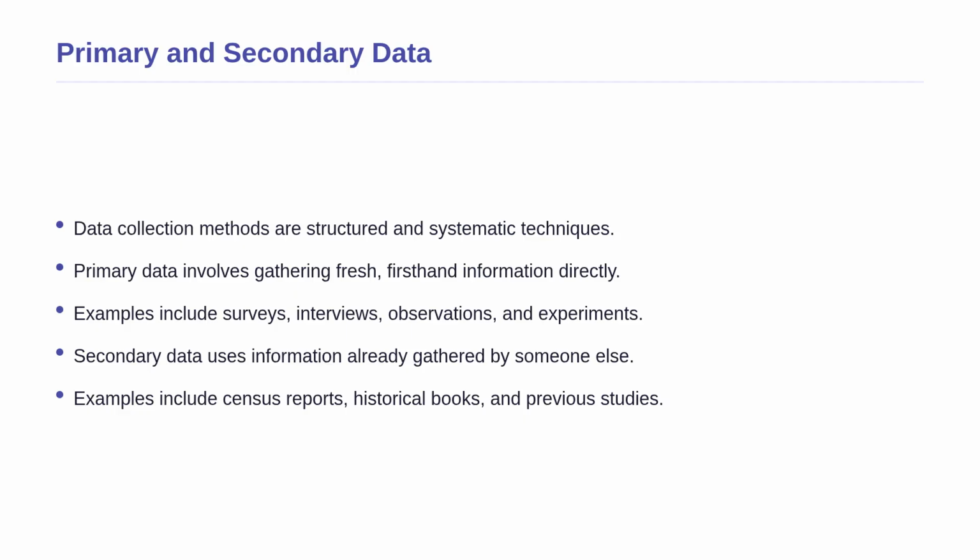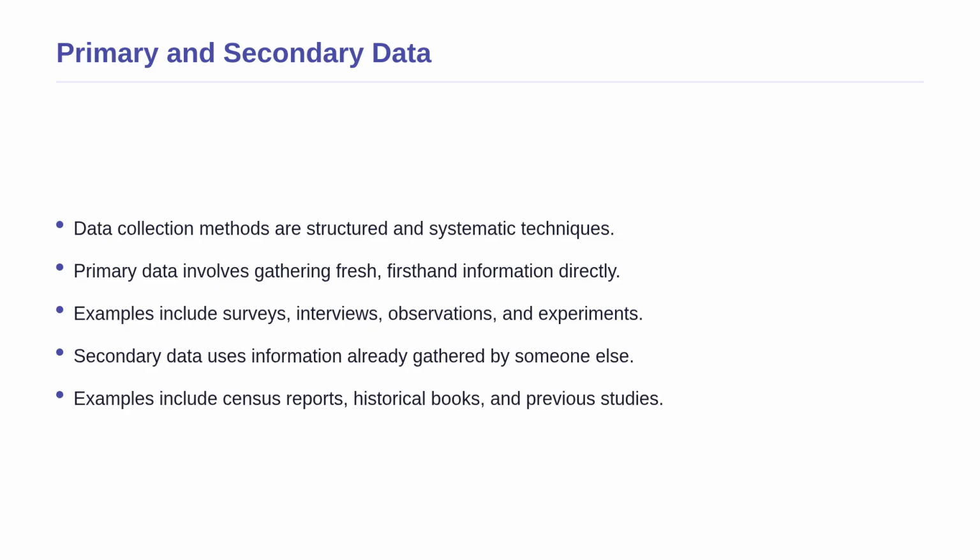Now that we understand what data collection is conceptually, let us look at how it is categorized in academic research. We generally divide these methods into two main categories: primary data and secondary data. Primary data collection means you are gathering fresh, first-hand information directly from the source. You are the one conducting the surveys, interviews, observations, or experiments.